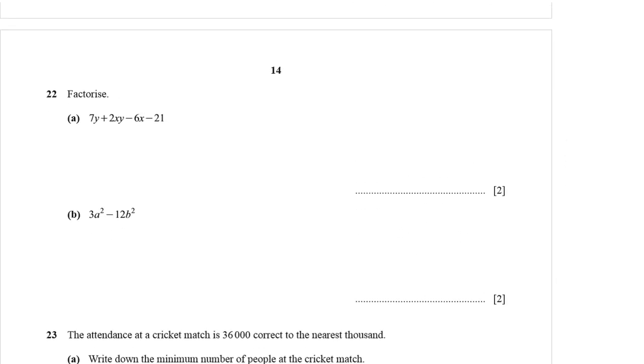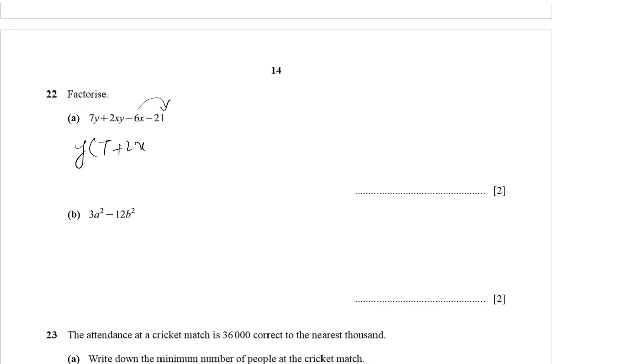Factorize. Now I think I have to rearrange them first, because if I take y common from here, it would be 7 plus 2x, but the x should come afterwards.